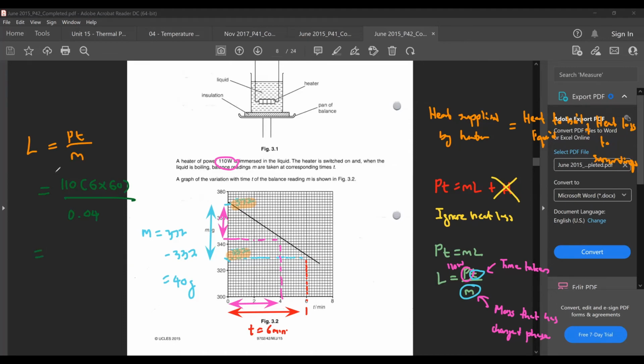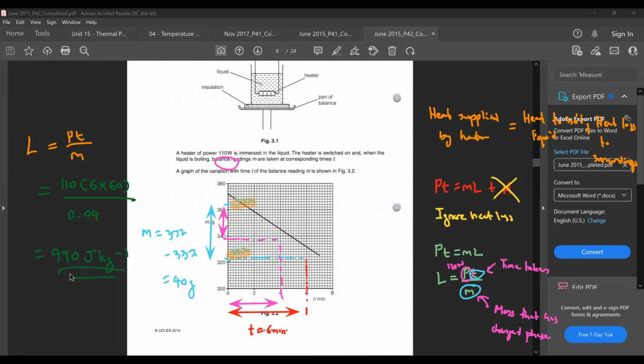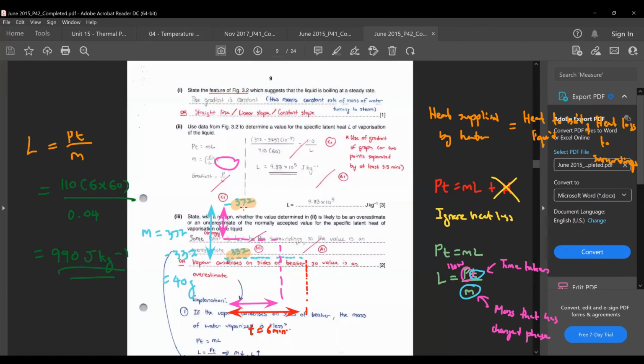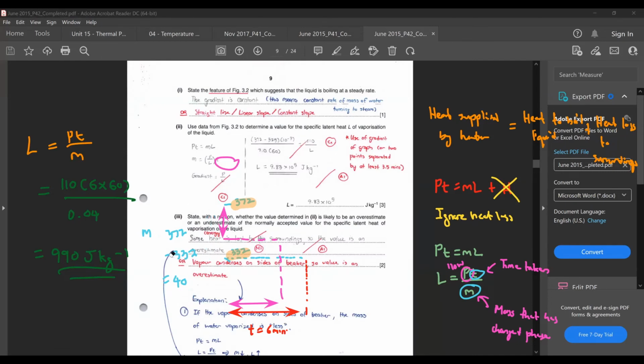Your answer will be 110 times 6 times 60 divided by 0.04. You're going to get 990 joules per kg. All right, so you're going to get answer as 990 joules per kg, just like that.